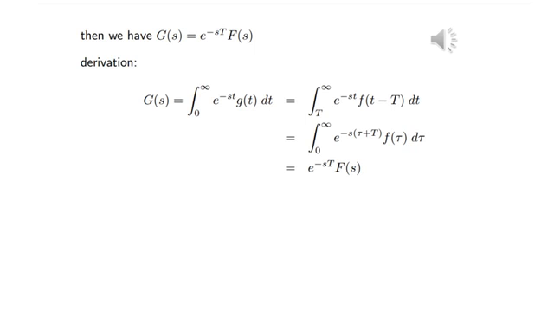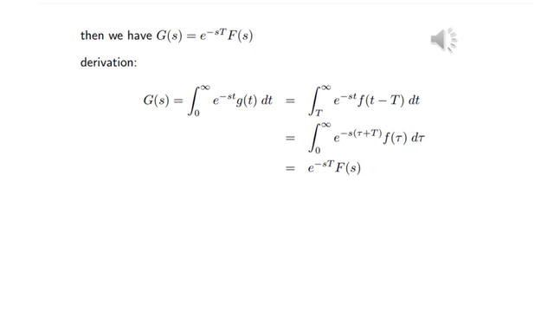Okay, let's see. G of s is equivalent to e raised to the power minus s capital T, where capital T is the time delay in the time scale, times f of s.